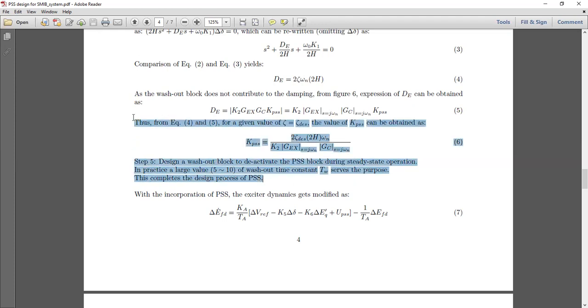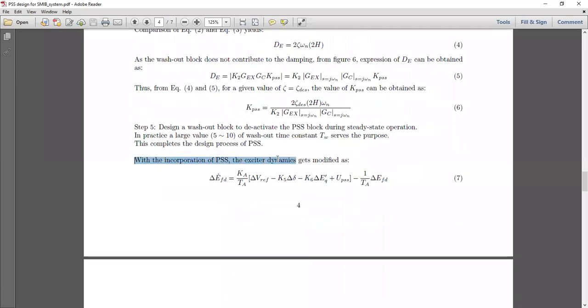So this is a 5-step design process, known as the phase compensation design process for PSS. Once again, there are many other advanced techniques for designing the PSS. I have just shown you, as an example, the phase compensation technique with speed input PSS design.